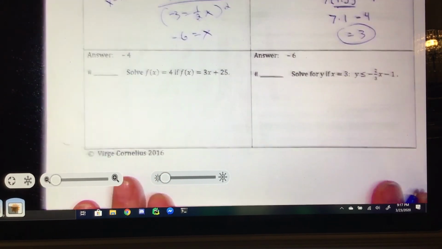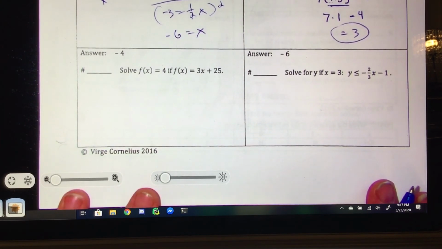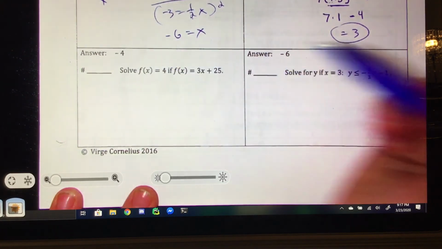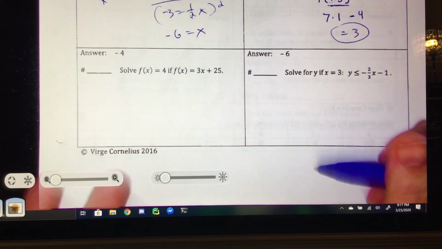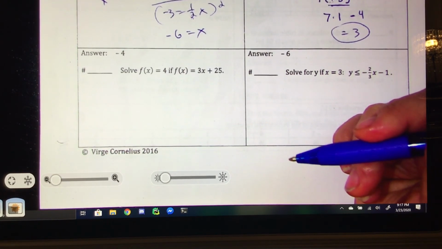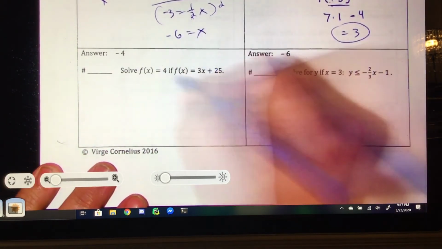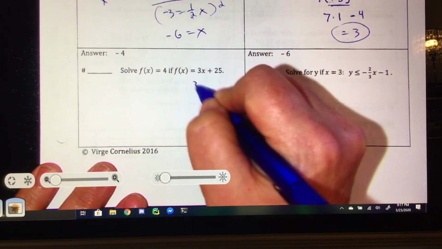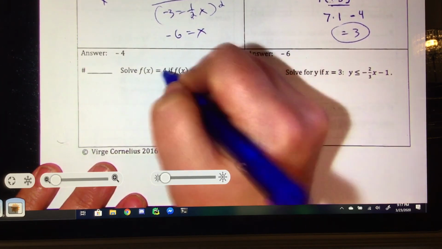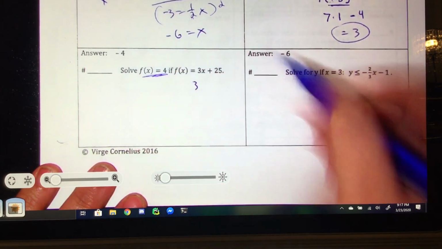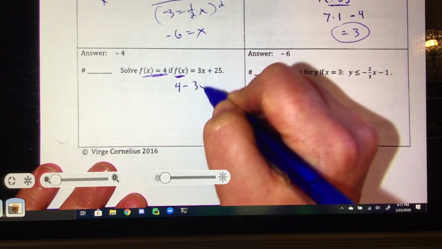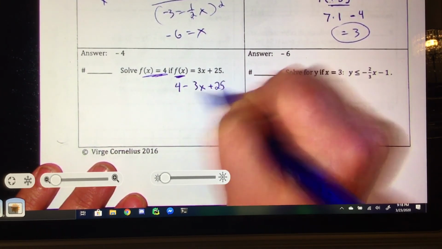The last two on this page, it's still taking me a long time. Okay, so let's see. If f of x is 4, solve for f of x equals 4, if f of x equals 3x plus 25. So if f of x equals 4, that means this one here is 4. So 4 equals 3x plus 25.